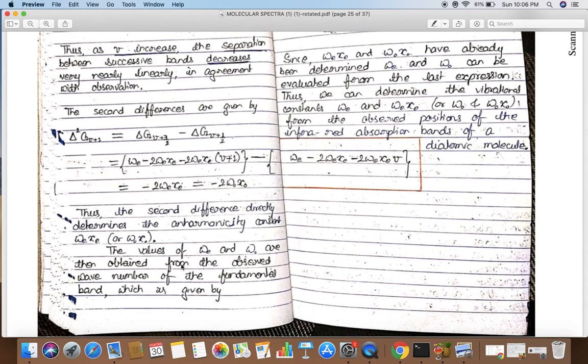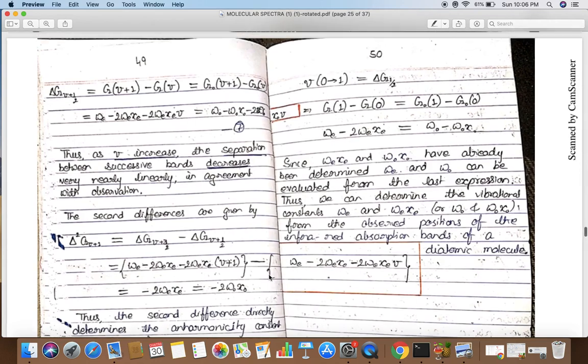The values of ωe and ω0 are obtained from the observed wave number of the fundamental band, which is given to you. Once the fundamental band corresponding to the first excited state is given, from G1 minus G0 you can simply find this constant.